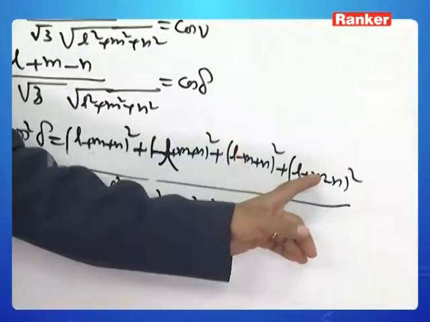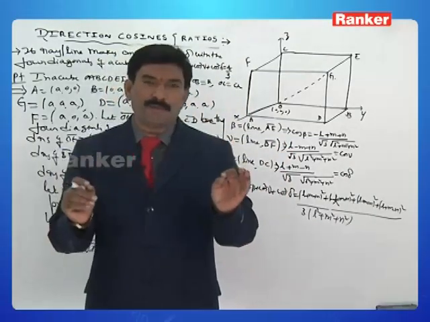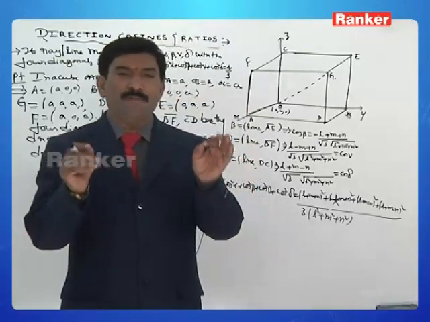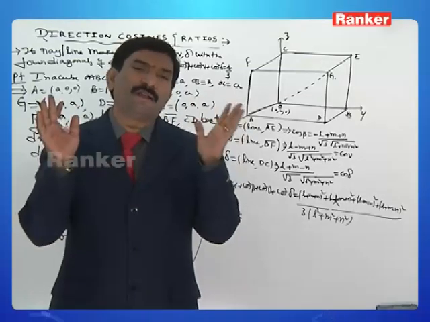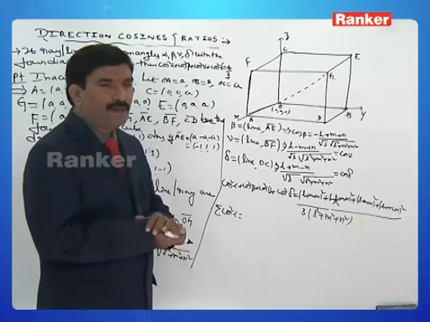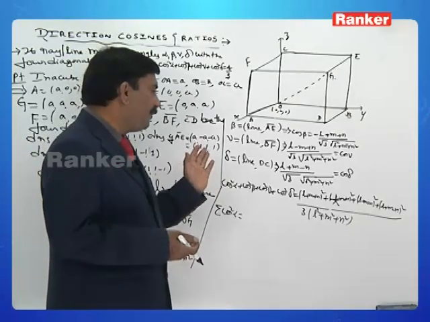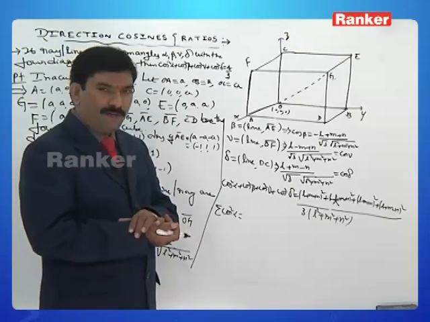Next, L plus M minus N whole square, L square plus M square plus N square plus 2LM minus 2MN minus 2NL. Okay. You can very well observe there are 4 brackets, 4 times L is coming.